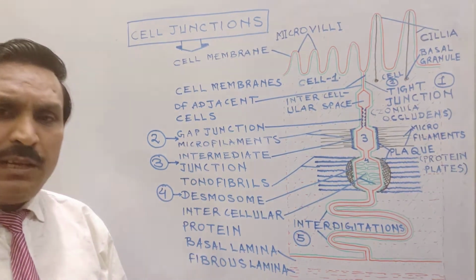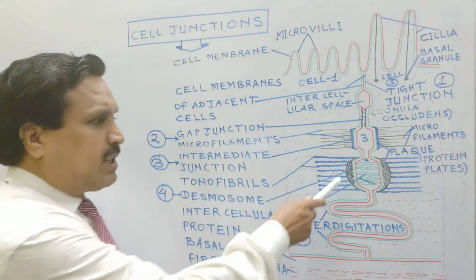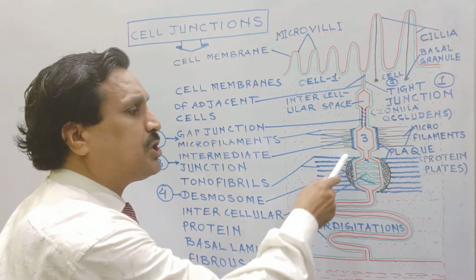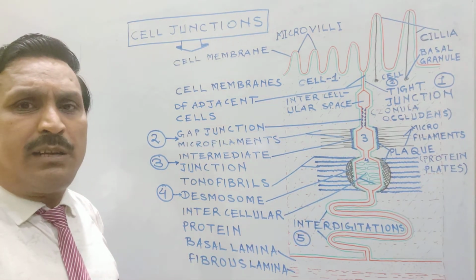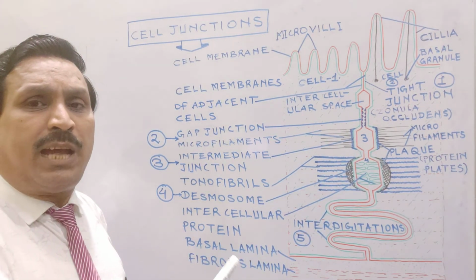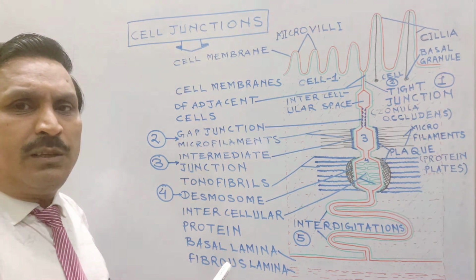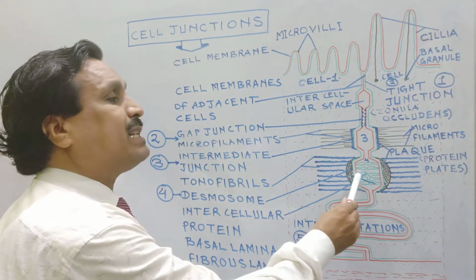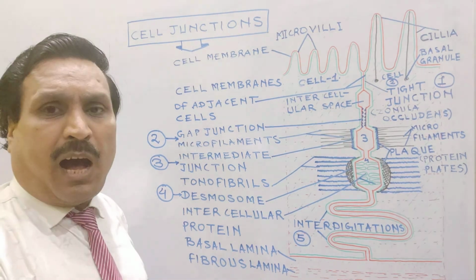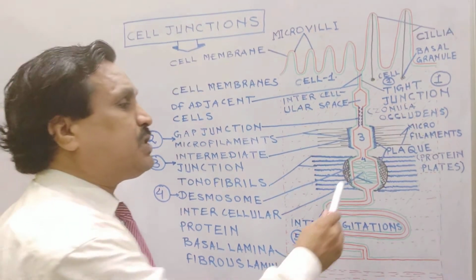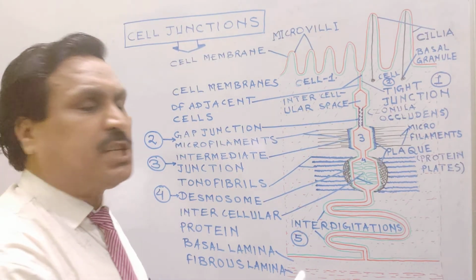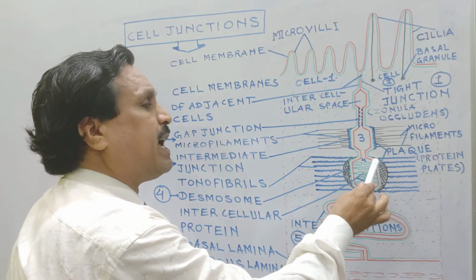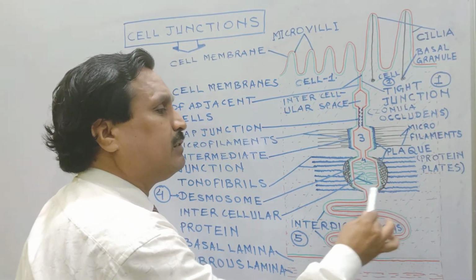This desmosome is a button-like junction, and this junction is as if membrane of two adjacent cells are stitched or joined with each other as a dot.